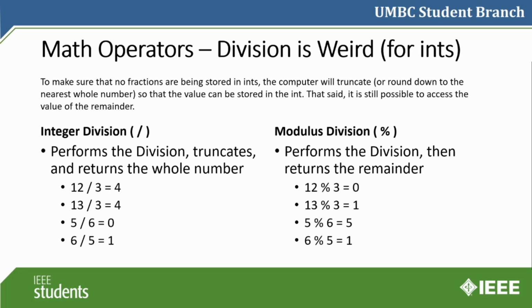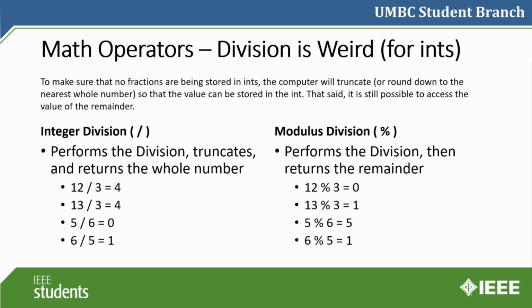So integer division is the kind of division performed on two integers, either variables or literal values. What this effectively does is divide the two numbers and then just drop the decimals and round down to the nearest whole number.